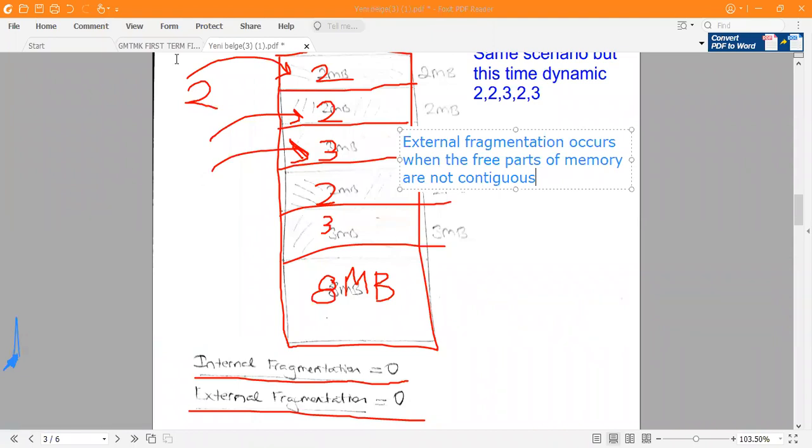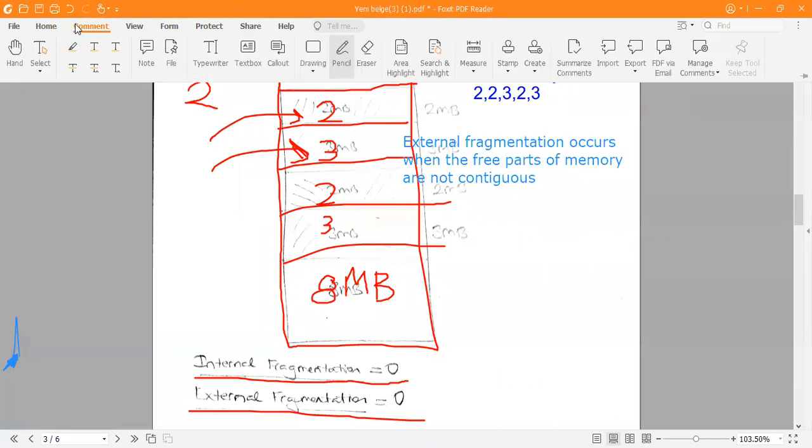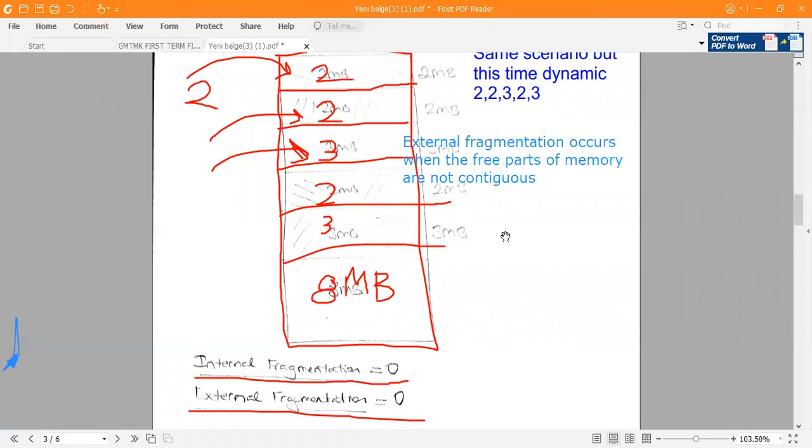Let me draw it. One second. Contiguous is something like that.